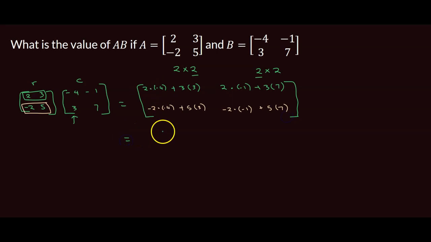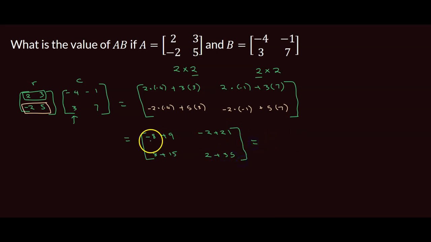So 2 multiplied by negative 4, we have negative 8 plus 9 over here. Then we have 8 plus 15. Over here we have negative 2 plus 21. And then here we have 2 plus 35.